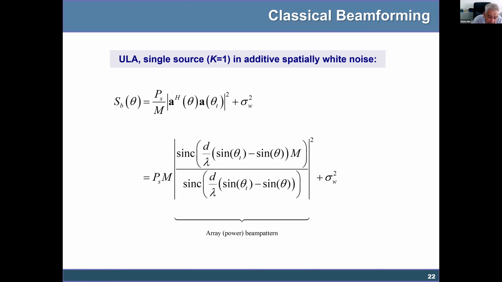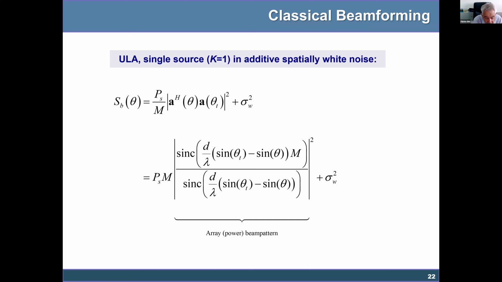Because the noise is white, the covariance matrix is proportional to the identity matrix, which means that the power spectral density is constant in angle. So basically, the level of the power of the noise is uniform in angle. We have the same noise power from all angles.